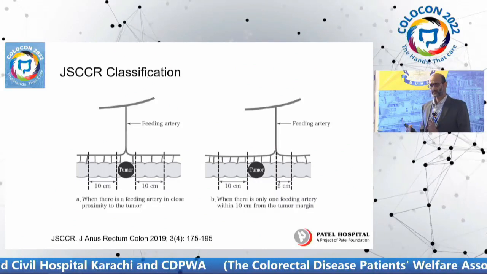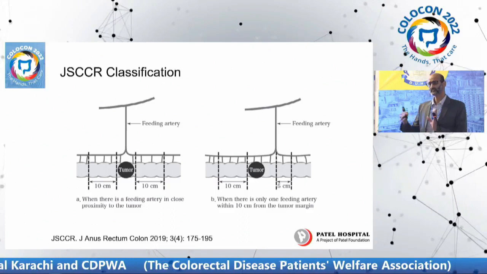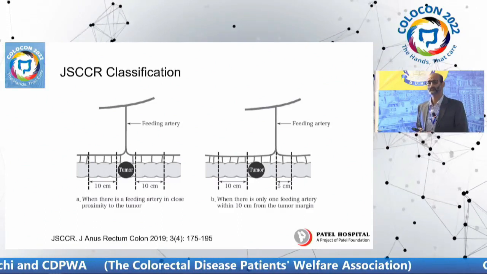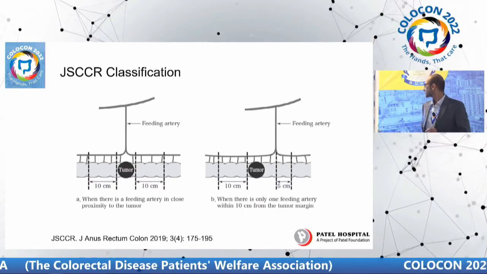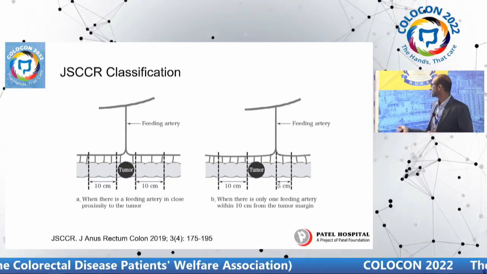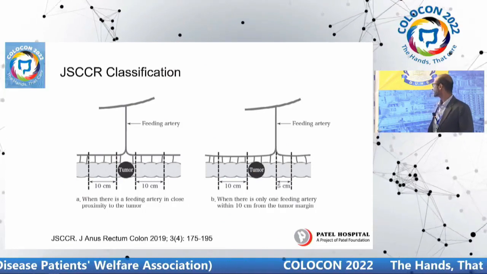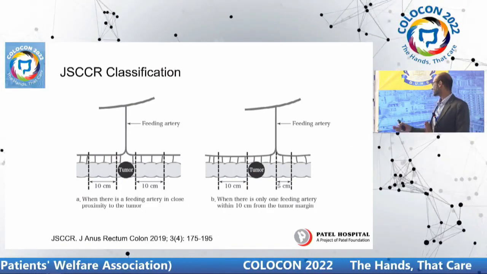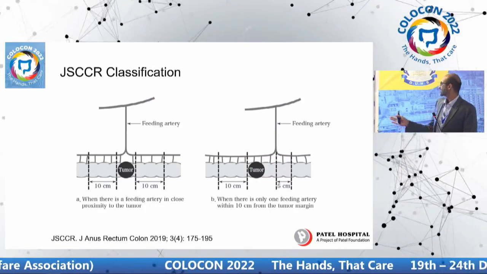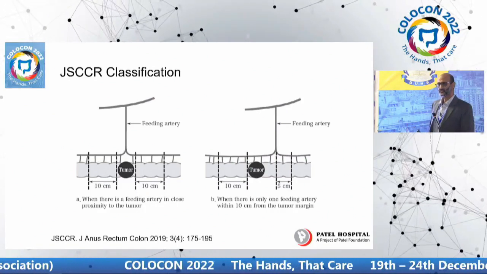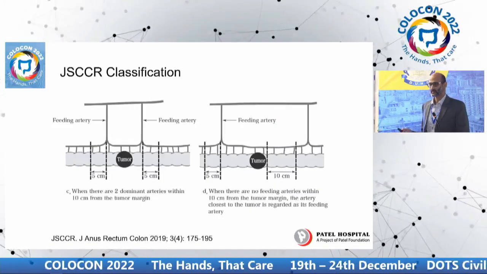The other thing where the Japanese guidelines and classification differ is that they define the extent of resection according to the feeding vessel. Up to 10 centimeters from the tumor, they would take 10 centimeters on either side of the feeding artery. If there is no feeding vessel within 10 centimeters from the tumor, they would still go 10 centimeters on one side of the tumor and 5 centimeters to the other side of the next feeding vessel.